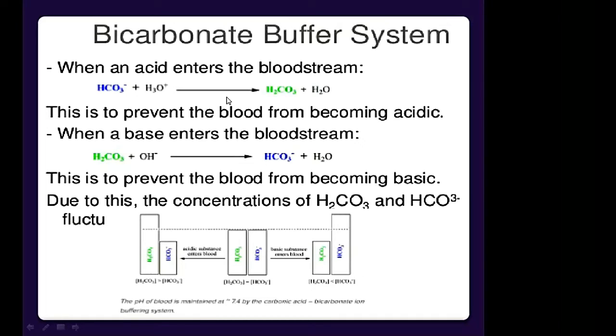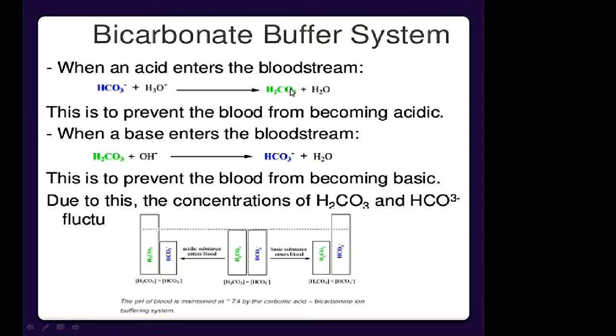So when an acid enters the bloodstream, what will happen? This is the acid, HCO3 minus plus H3O plus. So what will happen? From this, the proton will go here. So carbonic acid, H2CO3, is formed, and water is a byproduct. This H2CO3 is carbonic acid.